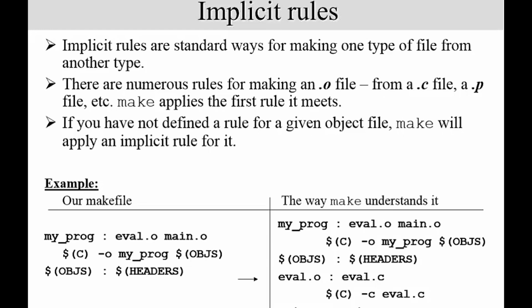So it applies the implicit rule, and it's equivalent to creating this rule where eval.o depends on eval.c, and then it compiles that eval.c, and main.o depends on main.c, and then it compiles the main.c. So this is the way that make understands this small Makefile, which in this case is okay, but make sure that if you're not explicit about it, make will assume and then start working its way.